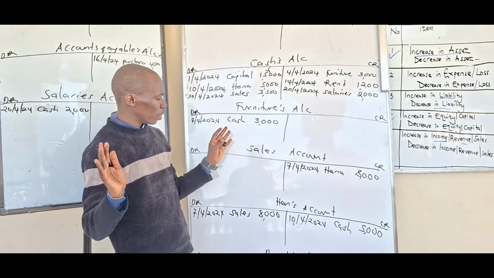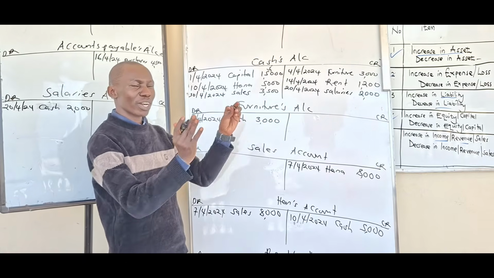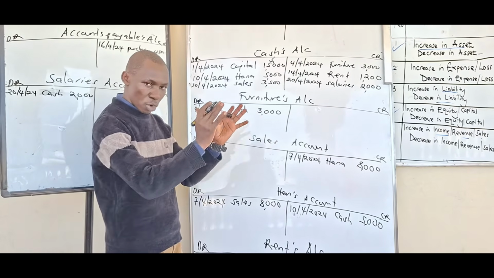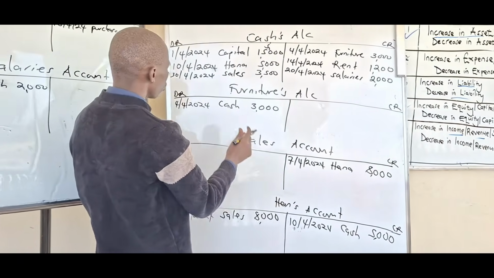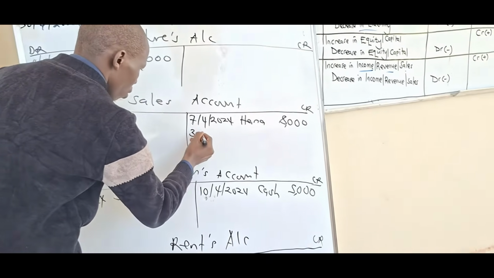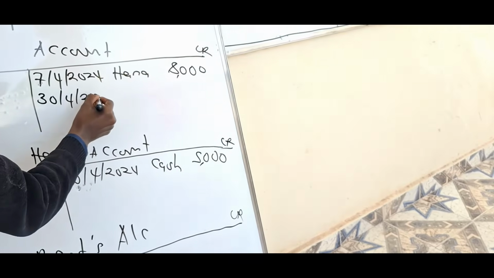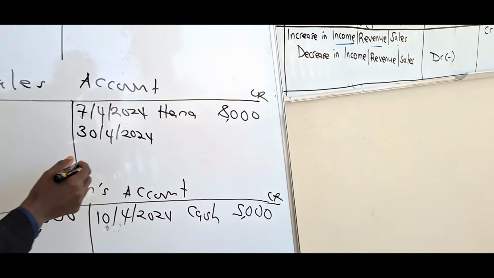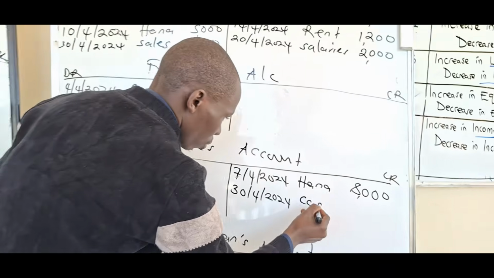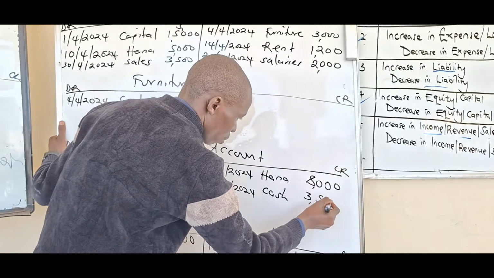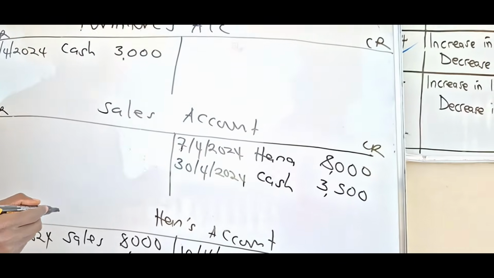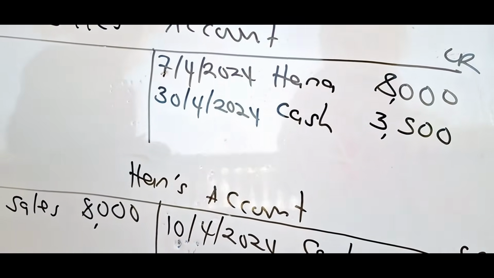Don't open two accounts for sales, one for cash sales and one for credit. No, you put all in one sales account. So this sale was on 30th, 2024. The sales account is increasing. Cash, how much? 3,500.